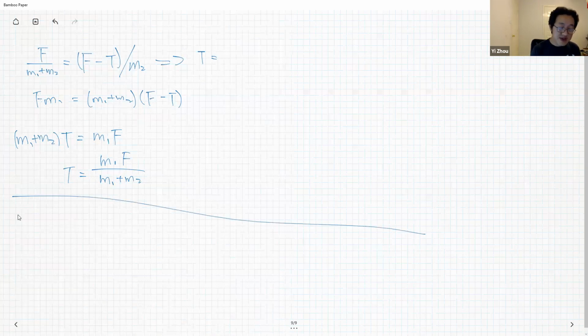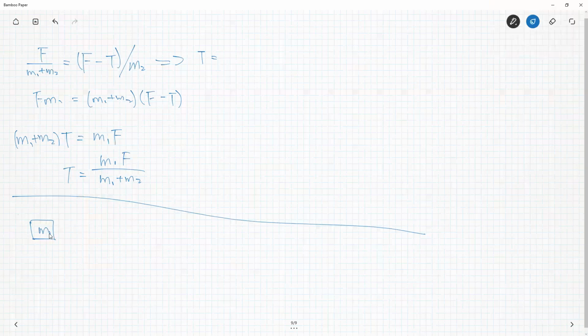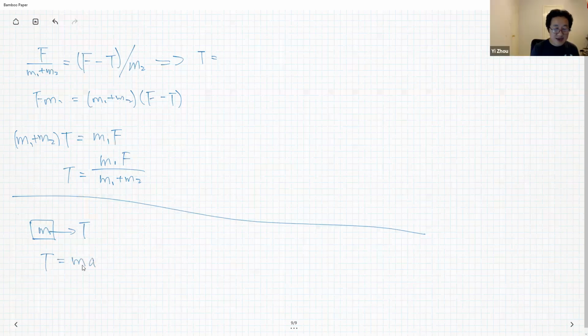If we use M1 as the object to study, how many forces are acting on M1? Only T, right? So we got T equals M1 A, and A we already know. What is A we just found?